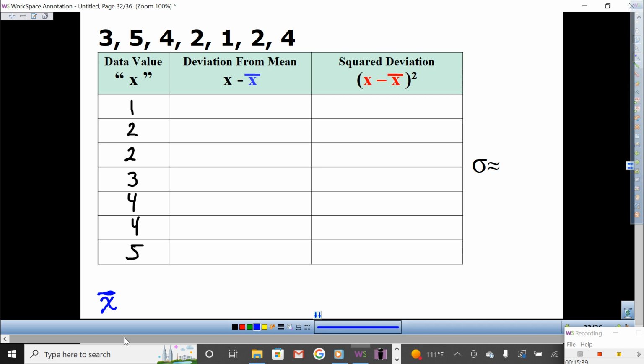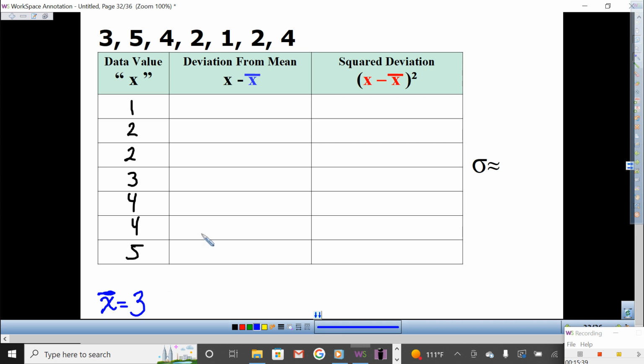Means mean. Tell your neighbor what you got for the mean. Everyone? 3. Yes, so we add all data, divide by the number of data, and that gives us the mean.